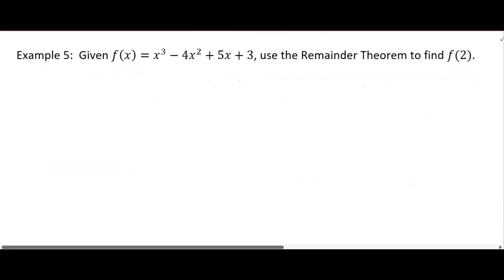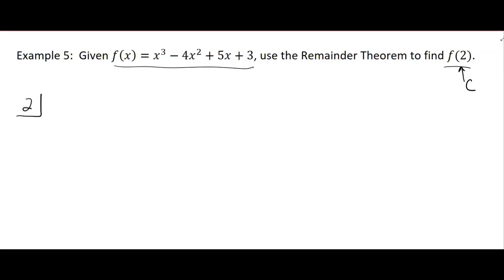Now I can give you an example here. Say you have this polynomial, and it says use the remainder theorem to find f of 2. That means 2 is the c. So we're going to go synthetically, put 2 in the box, and pull off all the coefficients; there are no missing terms.